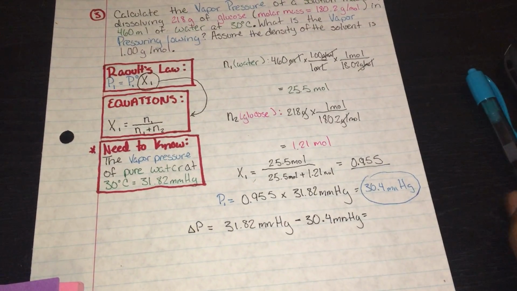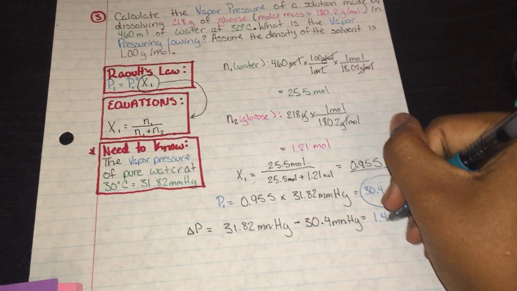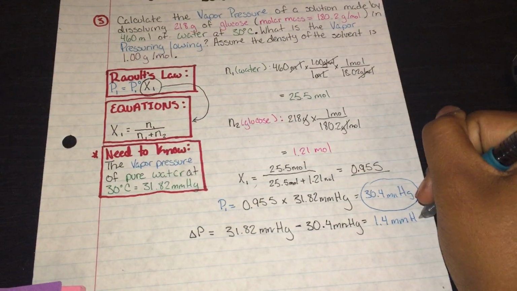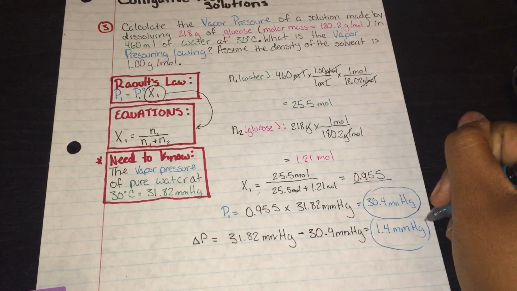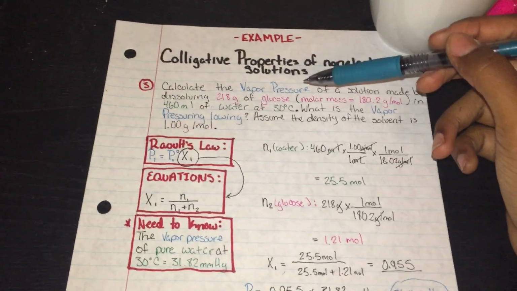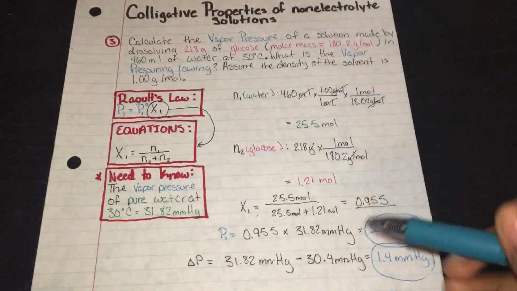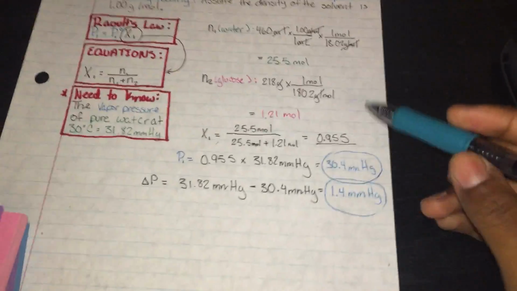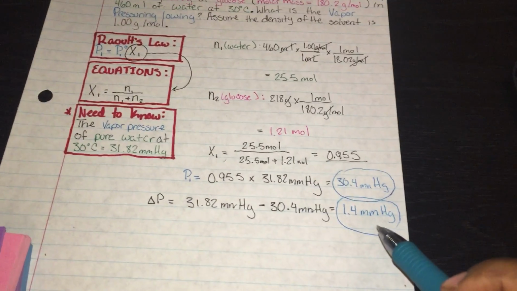And when we plug this into the calculator, we have 1.4 millimeters of mercury. And this is basically telling us that when 218 grams of glucose is dissolved in 460 milliliters of water, the vapor pressure is lowered by 1.4 millimeters of mercury.